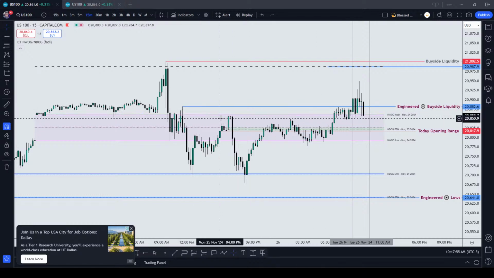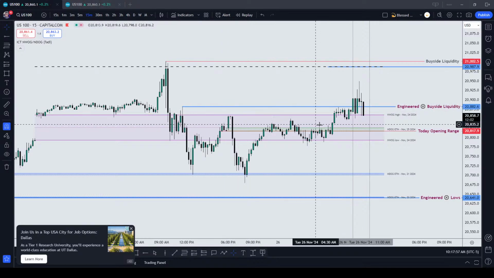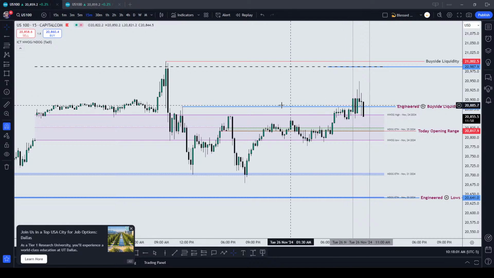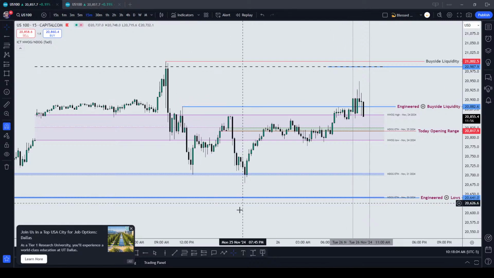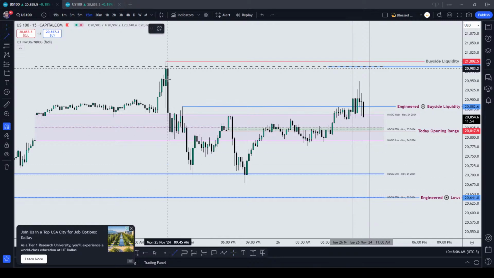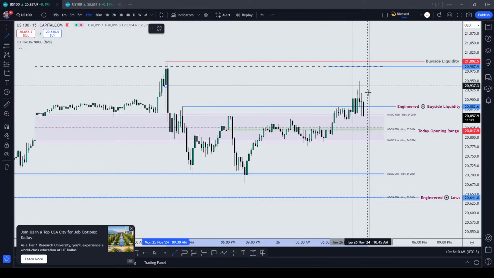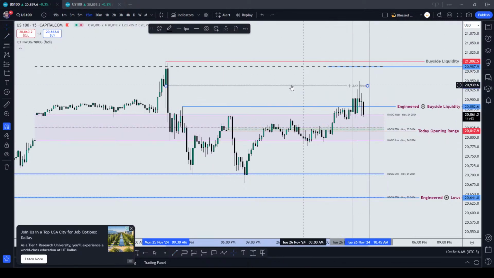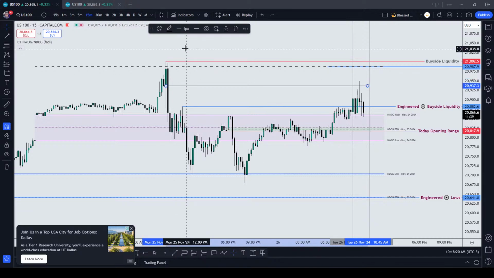First we would like to see these relatively equal highs get swept, tapping into a higher time frame order block or a PD array.